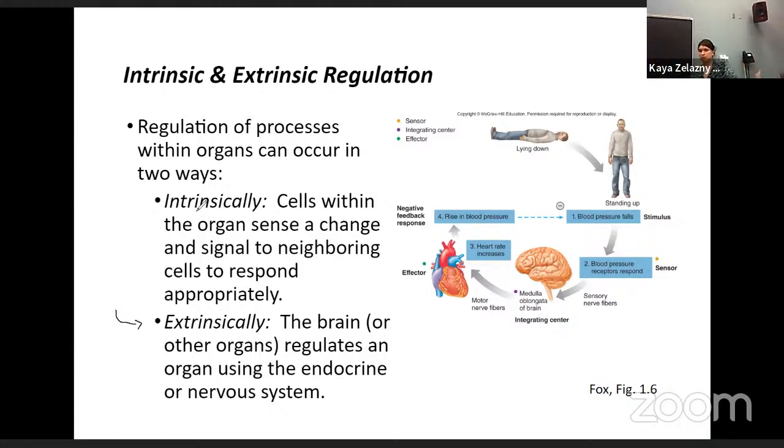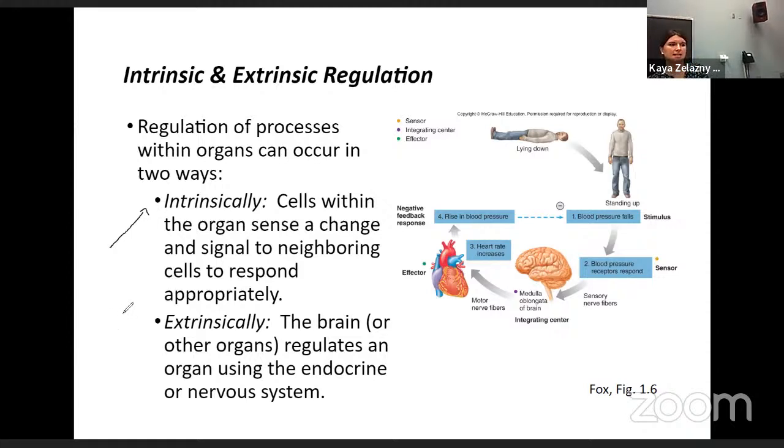As we go through our other units, we will see these words again, intrinsically versus extrinsically. When we talk about regulation, we are often going to be teasing apart, okay, what happens at the local level, what are immediate sort of responses that don't require the nervous system. They're often going to be faster when we're regulating things intrinsically because we're right there, and they're only going to affect that local area.